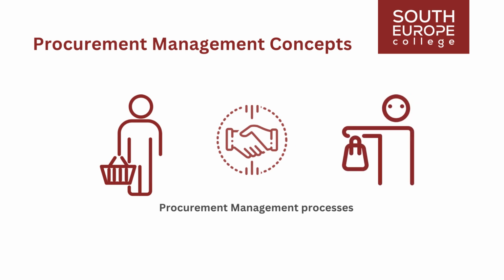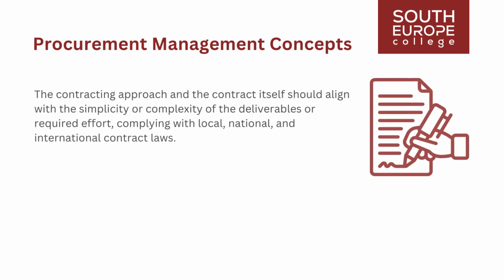These agreements range from straightforward purchases, such as defined labor hours at a specified rate, to complex multi-year international construction contracts. The contracting approach and the contract itself should align with the simplicity or complexity of the deliverables or required effort, complying with local, national, and international contract laws.